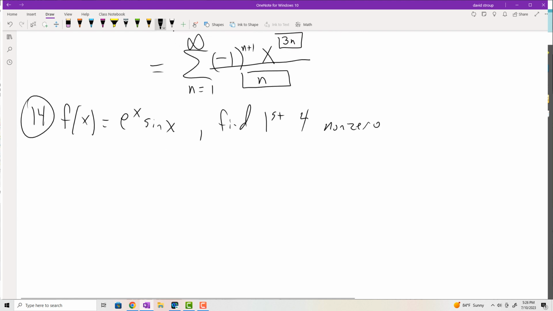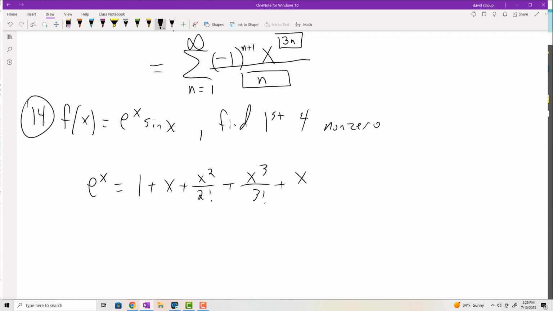Okay, so I want the Maclaurin series for this product, and I want the first 4 non-zero terms. I know the Maclaurin series for e to the x. It's just 1 plus x plus x squared over 2, and so on. You look it up. I know the Maclaurin series for sine x. Sine is odd and cosine is even.